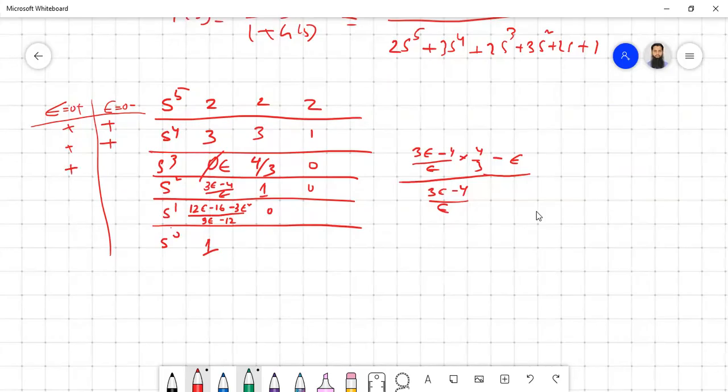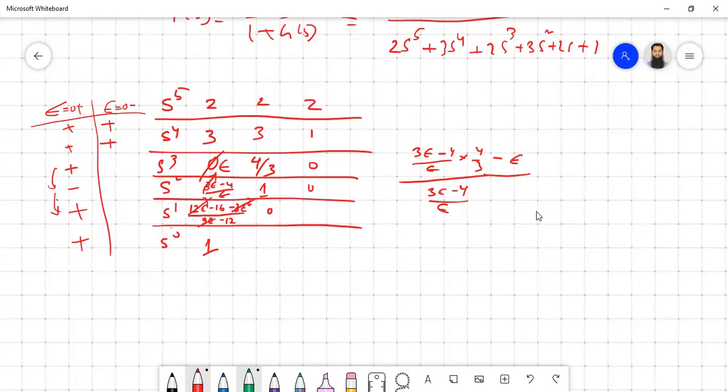The next one is minus, divided by, because this parameter is very small, so cancel. This is very small, this is very small, this is very small. So what we can find out, minus 4 divided by some plus number, so it will give a negative sign. And here, it doesn't make any difference with the epsilon. It's minus 16 minus 12, so it is plus. And the last one is also plus. So there are two sign changes. Here as well.